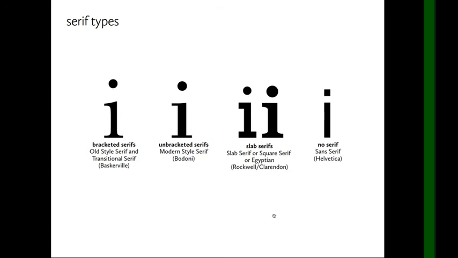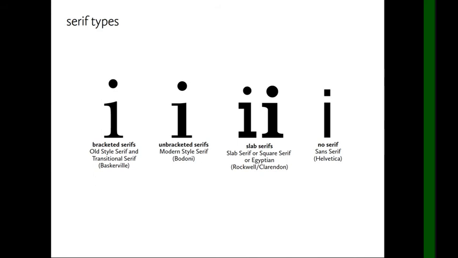So if the bracketing, or lack thereof, doesn't define a slab serif, what does define a slab serif? A slab serif is thick with square ends. A slab serif is as thick as, or almost as thick as, the main strokes of the letter itself. If you look at Rockwell, the serifs appear to be just as thick as the stem of the I. Clarendon, right next to it, the serifs are a little bit thinner than the stem of the I, but they're still significantly thick.